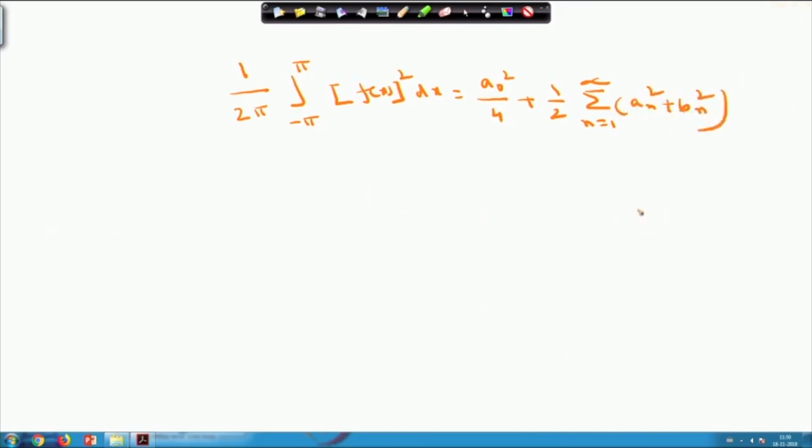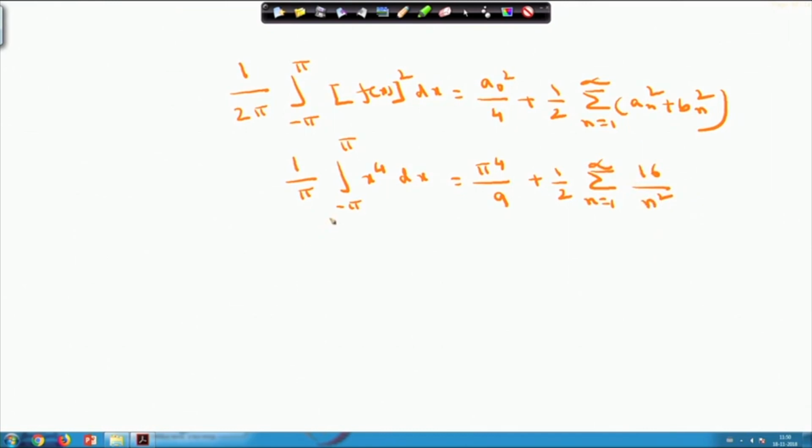So, once I am getting this, this is equivalent to, I can tell, 1 by pi, the integral from minus pi to pi of x to the power 4 dx. This you will obtain as pi to the power 4 by 9 plus half into summation n equals 1 to infinity of 16 divided by n to the power 4, by putting the values of a naught, a_n and b_n.